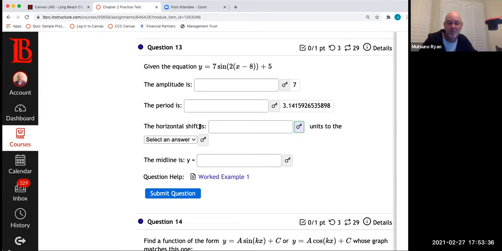I was mixing that up with the other. So the horizontal shift is right here. It's 8. Remember, it's the opposite sign. It's 8 units. Now, because it's minus, it's actually going to move to the right. I was supposed to select right. So even though it's negative and it seems like it should be going to the left, it's actually going to the opposite direction. That's why we changed the sign here. The midline, which is what I was mixing up here, is the plus 5. So y equals 5. There you have it.